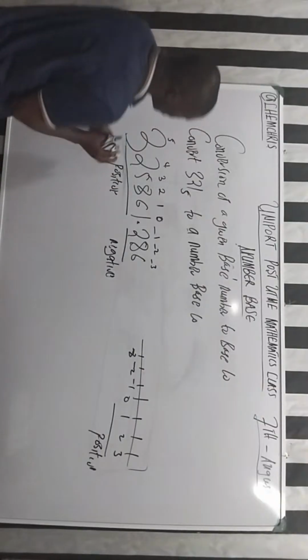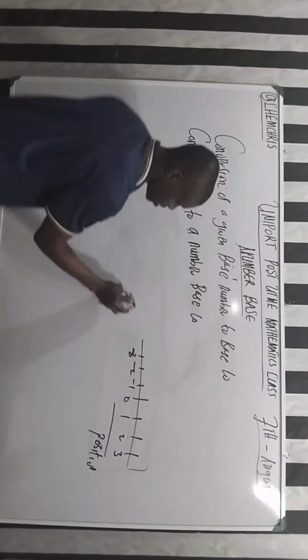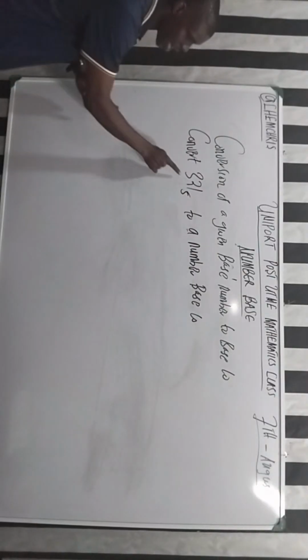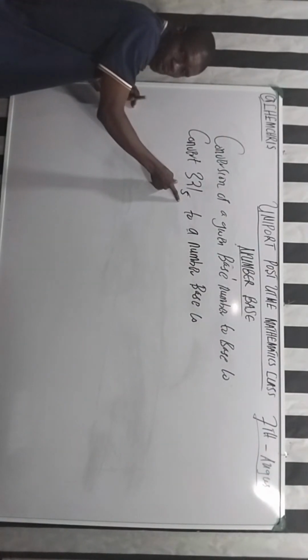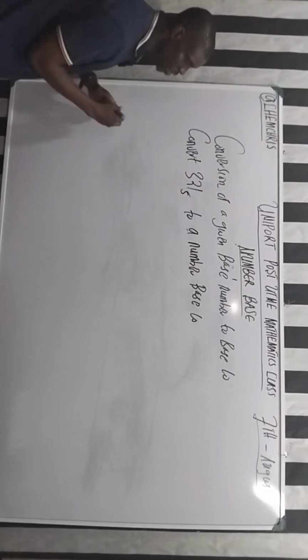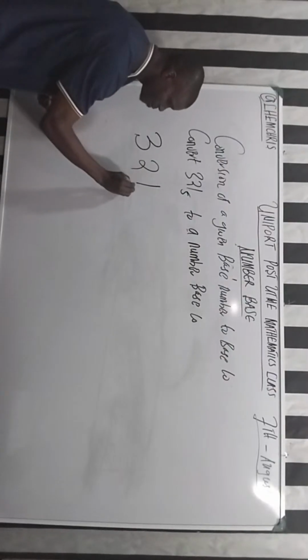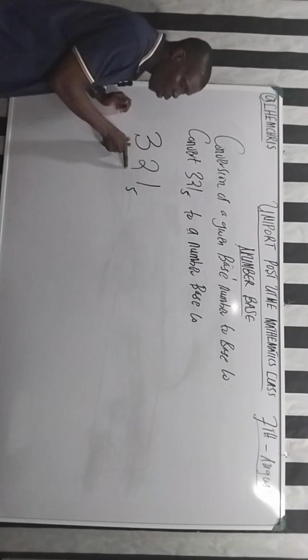So now let's solve this one. Let's solve this guy here. So you have 321 base 5, right? Now remember, each of these digits has its own position.